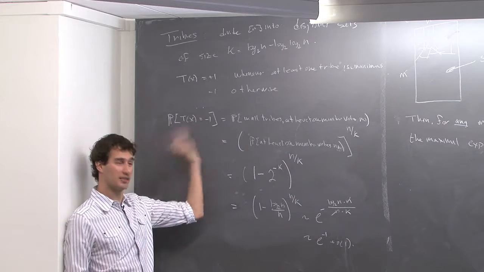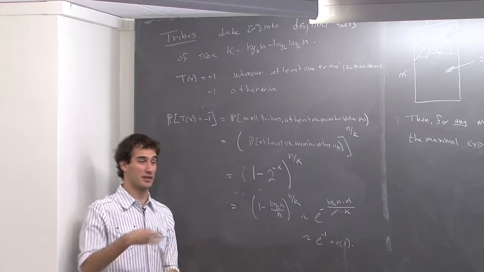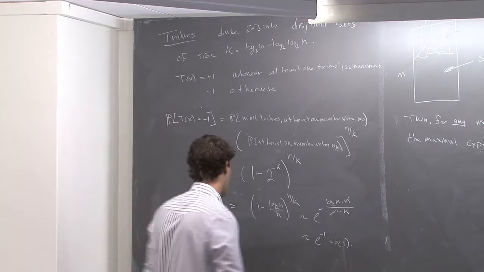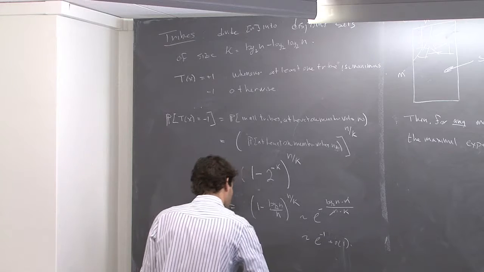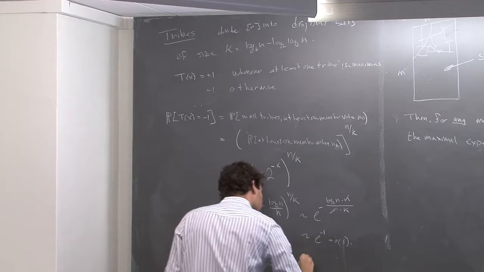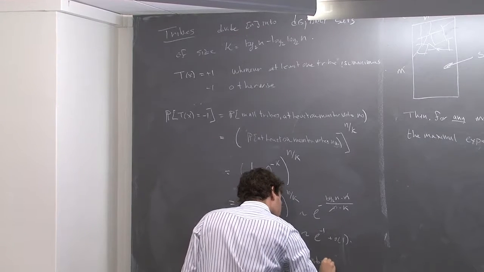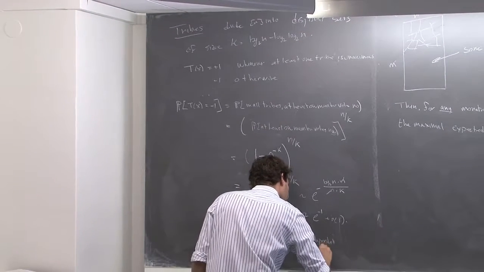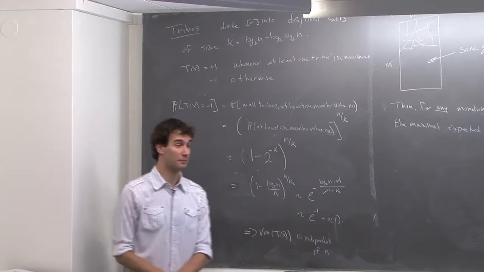So that tells me that there's a constant probability of voting minus 1, and therefore a constant probability of voting 1. All of this implies variance is constant. It's independent of n.